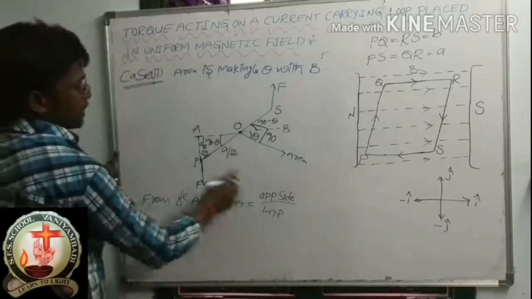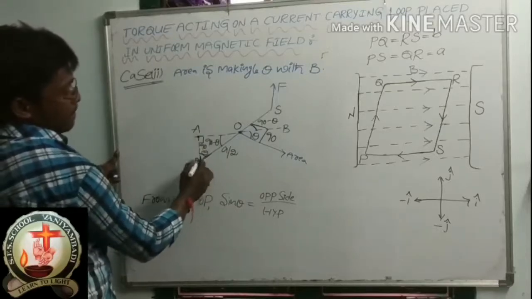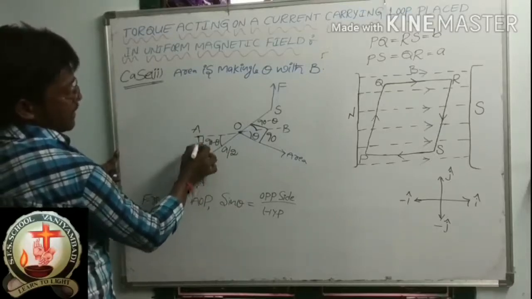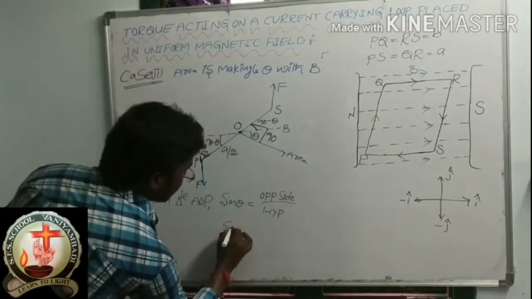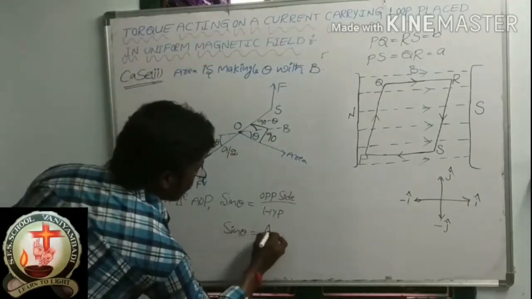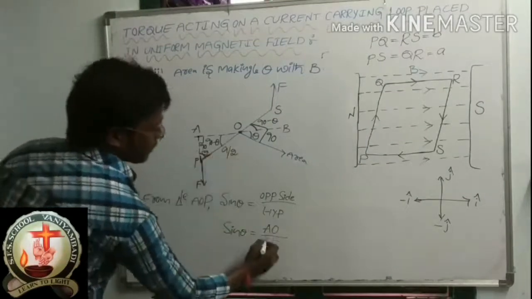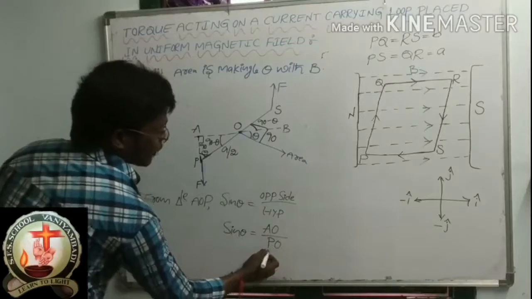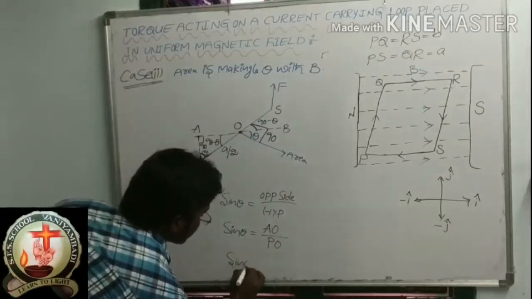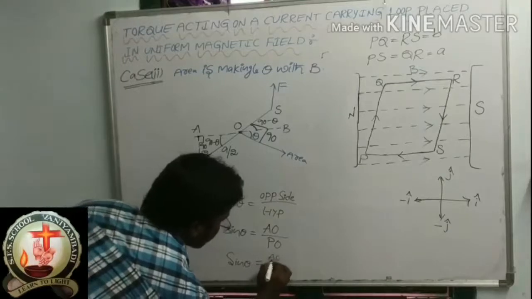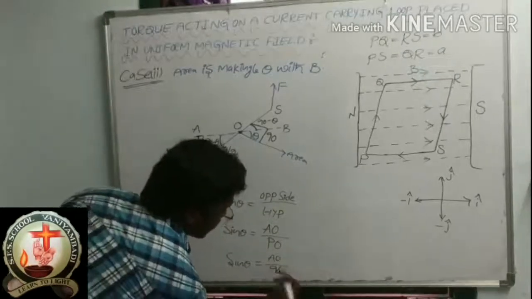Theta is here, this is the adjacent, and this is the opposite, which is AO. So sin theta is equal to AO by the hypotenuse PO. You can write the value: sin theta is equal to AO by PO, and PO is A by 2.